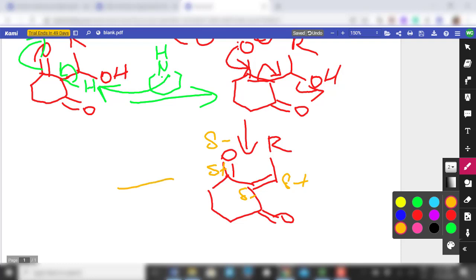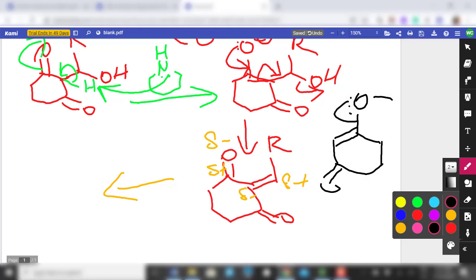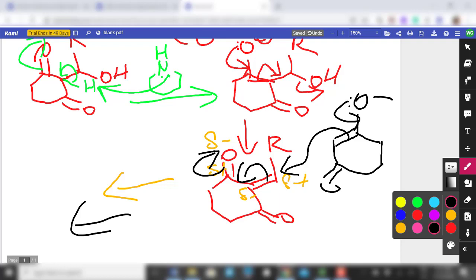And because of this, it allows the conjugate base of this particular enolate to actually attack it. And yes, you can continue to draw, and this is exactly how 12 is being formed.